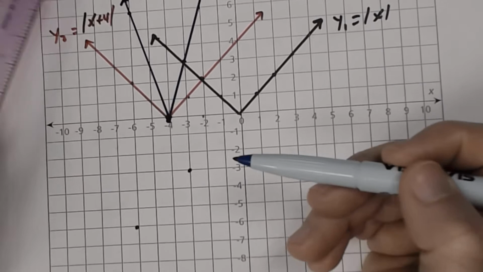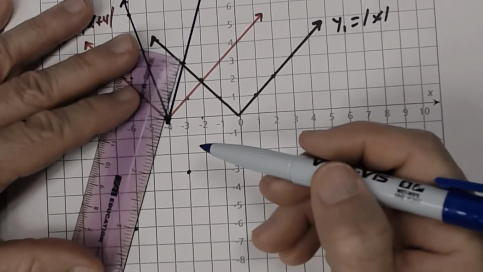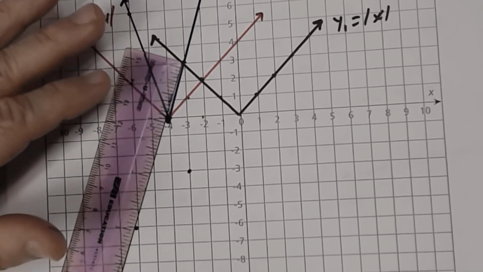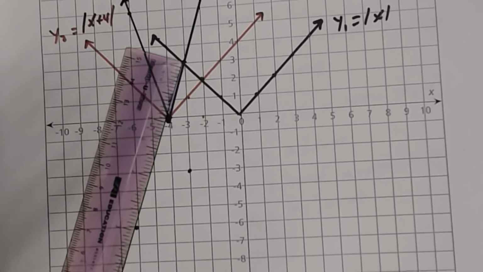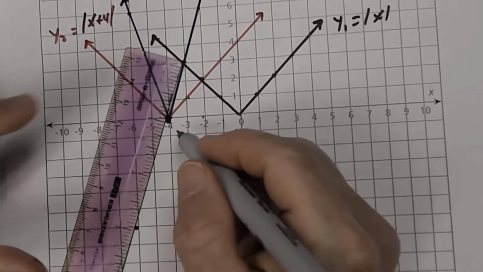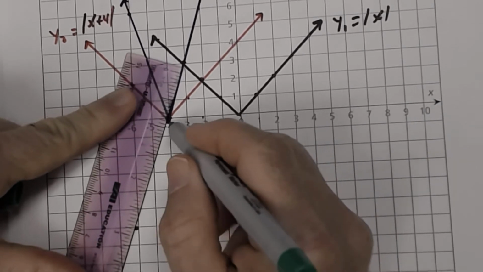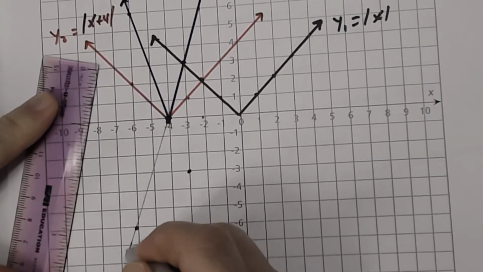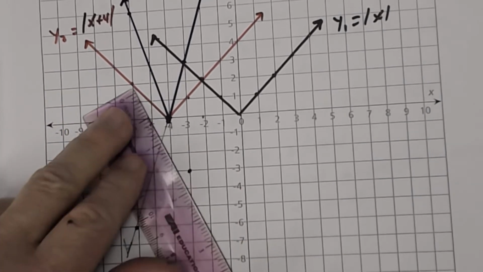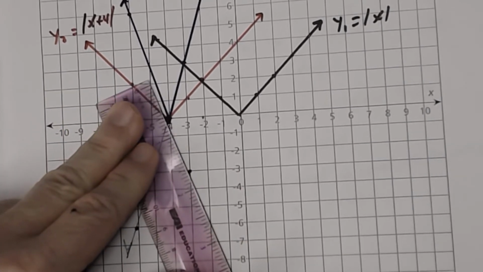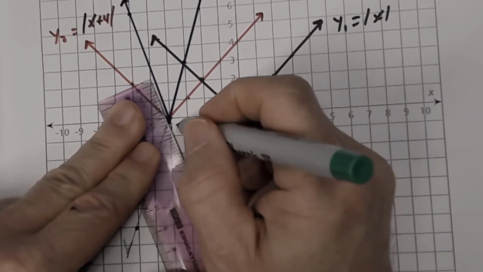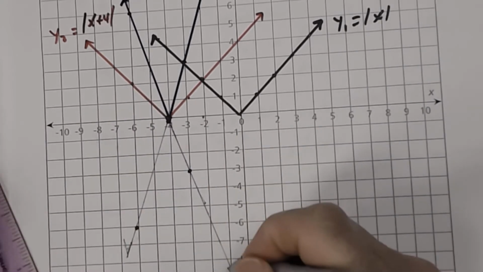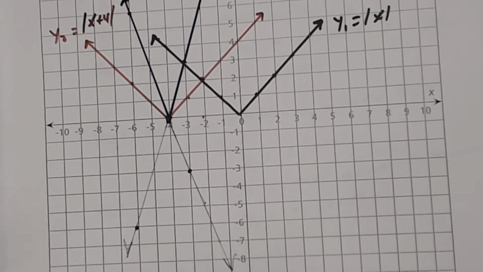And if I draw this, let me use a different color. I'm running out of colors. Let me use green. So if I do this, I get this. That right here is that reflection.